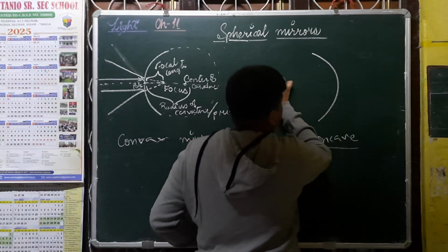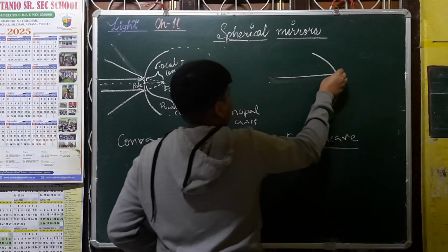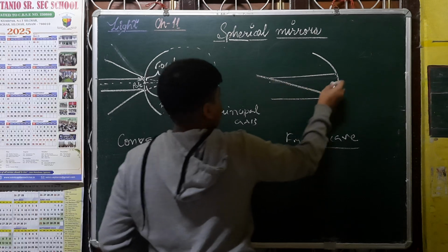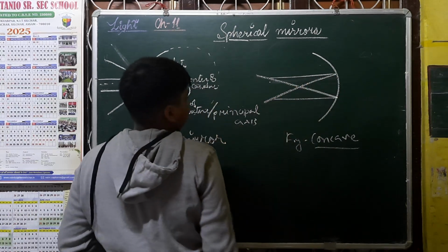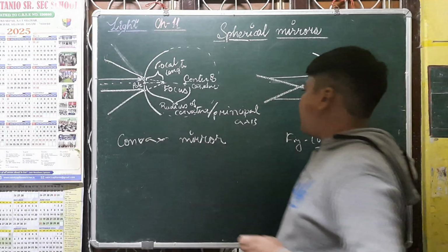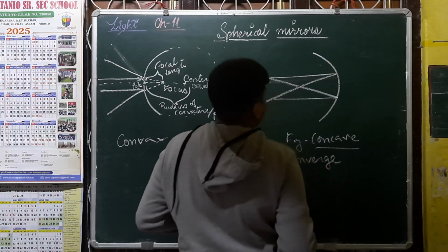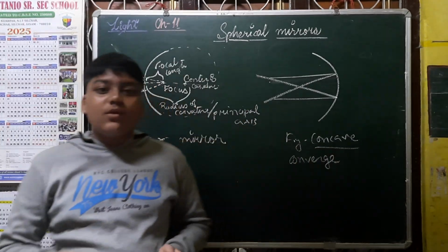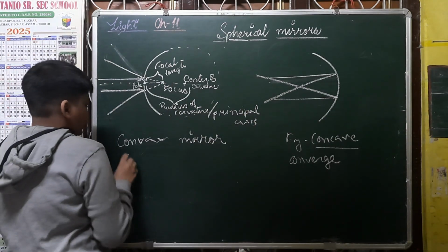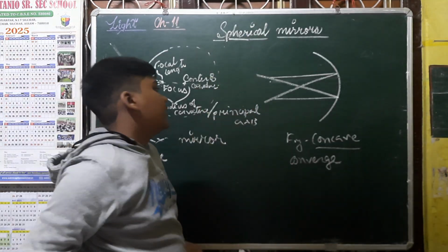In a concave mirror, the light rays will not appear to meet, the light rays will actually meet at a point, and the concave mirror will converge the rays. What does converge mean? To concentrate the rays in a point, and the convex mirror will diverge or spread them.